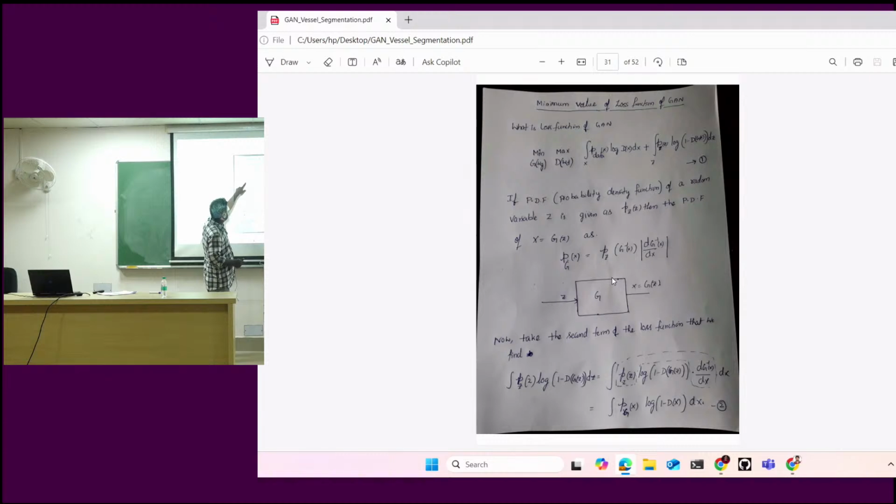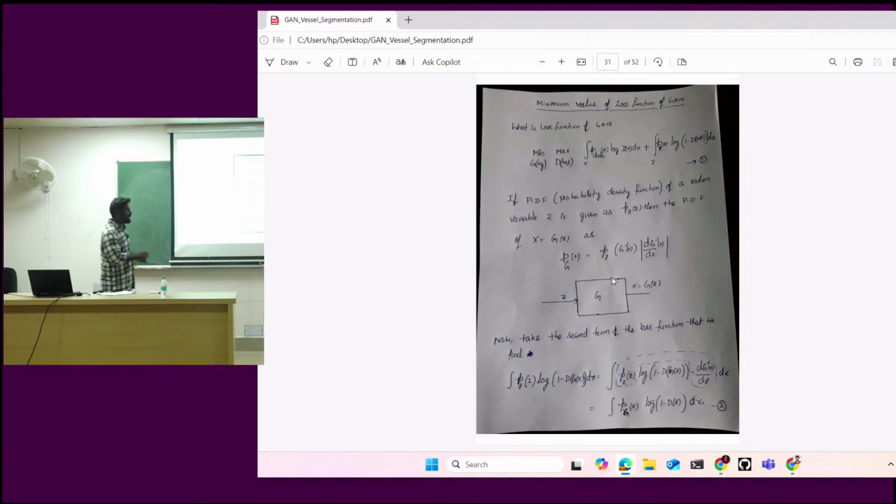If the PDF of a random variable is given as this, then the PDF of another random variable, which is a function of that random variable, is equivalent to this. You can find this in the Papoulis book.